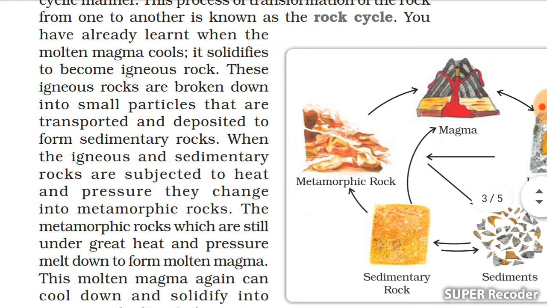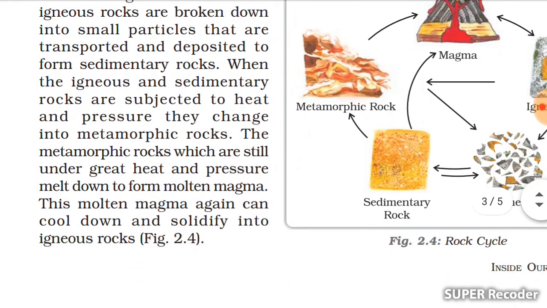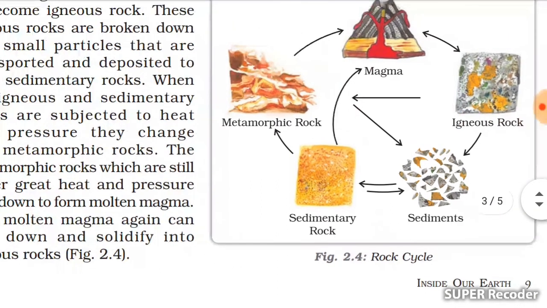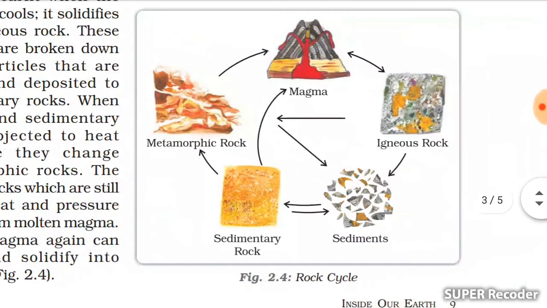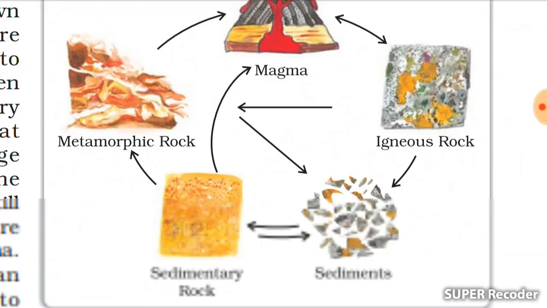Igneous rock is broken down and becomes sedimentary rock, and igneous and sedimentary rocks, due to heat and pressure, become metamorphic rocks. See the cyclic picture. Have you seen? Yes. Okay, children.